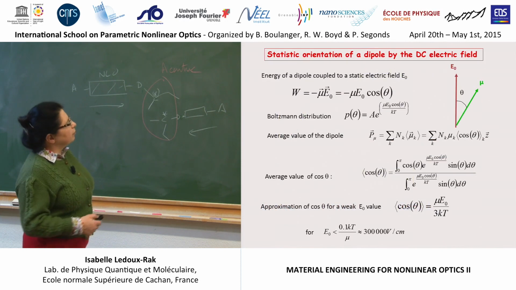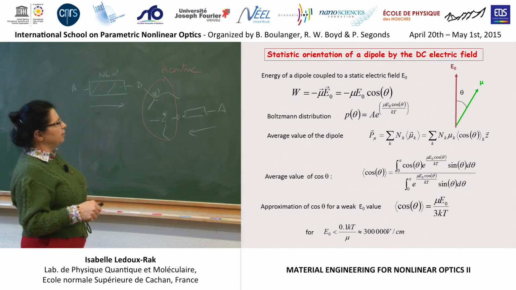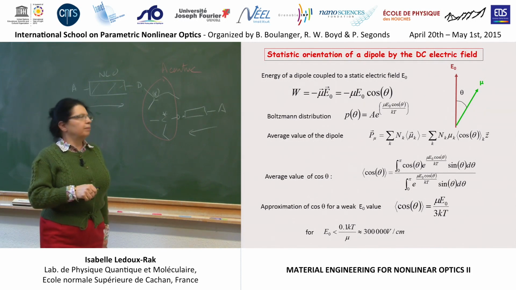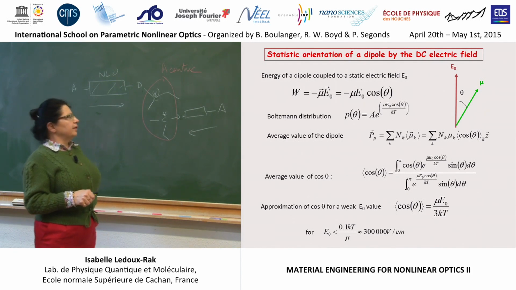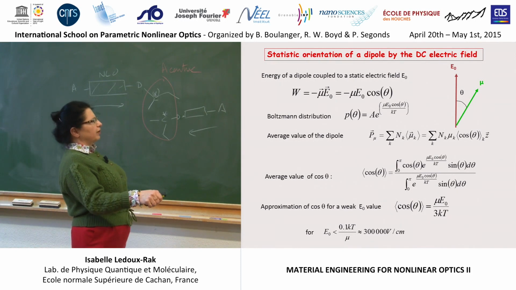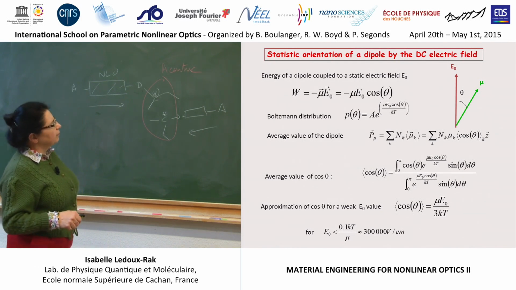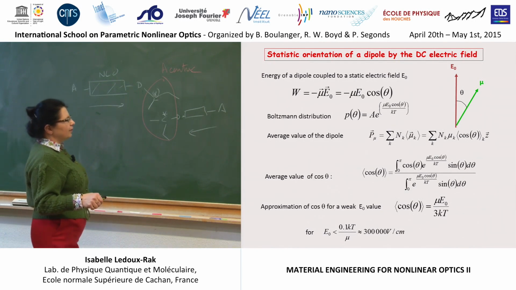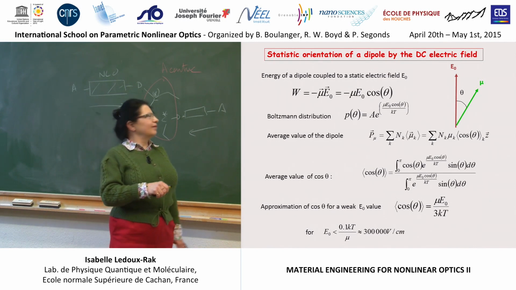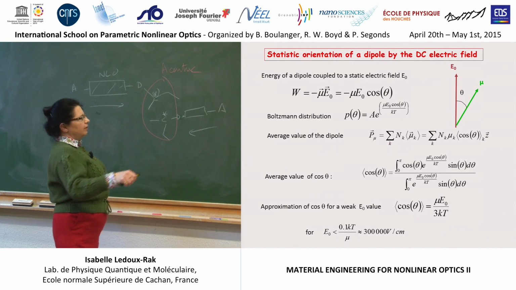So the statistical orientation of the dipole by a DC electric field is based on the energy of coupling between dipole and electric field, which is proportional to the average projection factor between these two vectors. And we have to consider a Boltzmann distribution, which is related to the ratio of this coupling energy and kT.